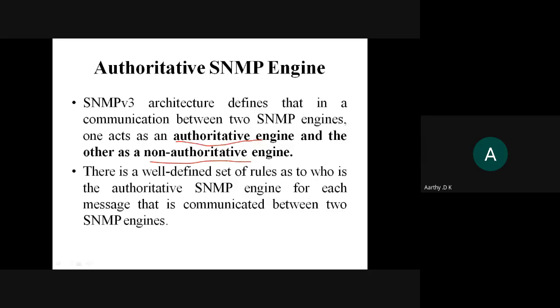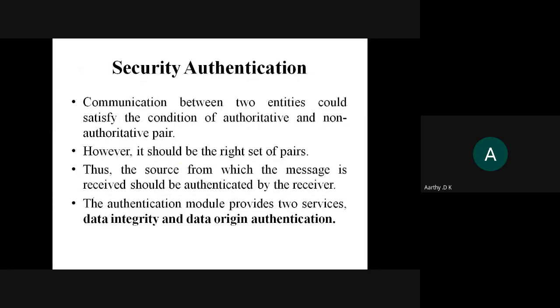Suppose the message is some kind of notification, which comes from the agent, then your agent becomes the authoritative engine and your manager becomes the non-authoritative engine. So the manager and agent will change their positions. So you provide data integrity and data origin authentication. That is what we saw now.